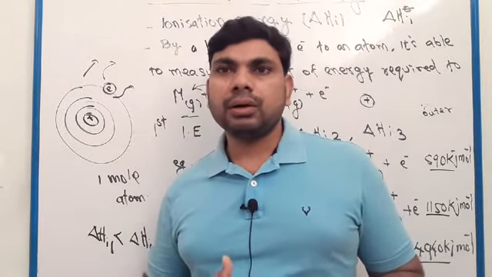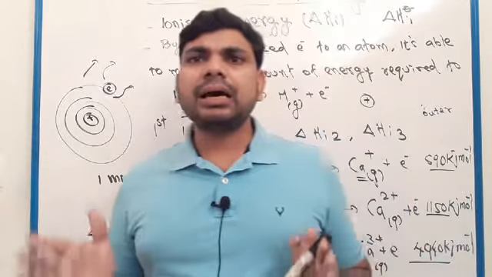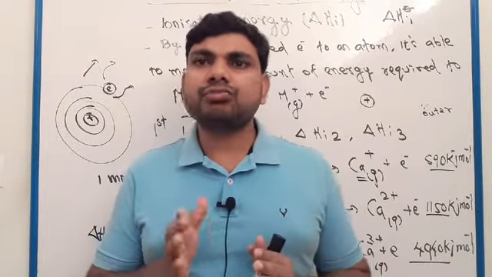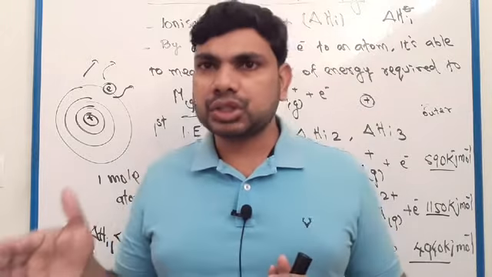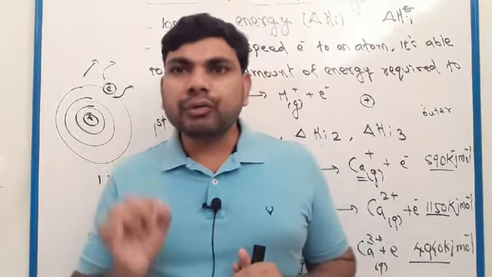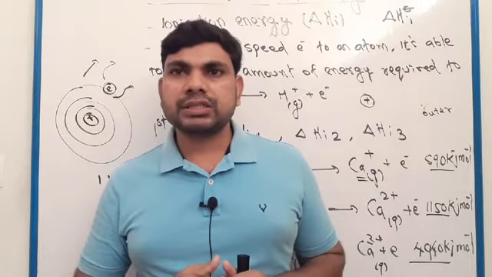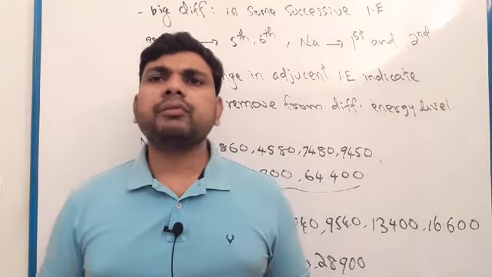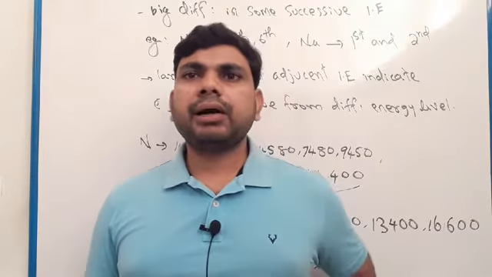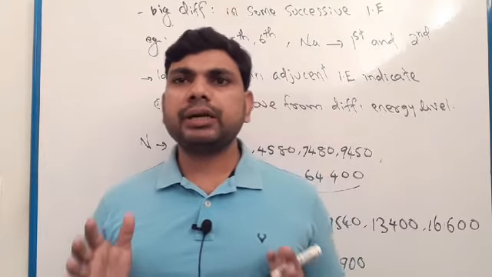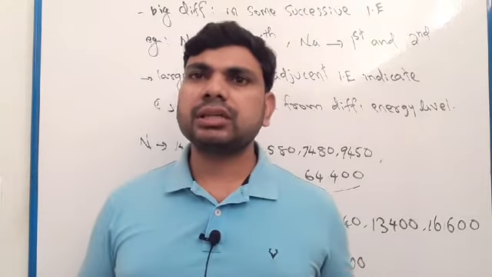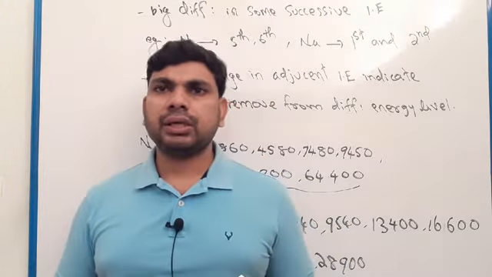Then the second outer shell electron is much closer to the nucleus, with more attraction between the nucleus and the outer shell electron, so we have to give more energy. So ionization enthalpy increases. Here we discussed successive ionization energy: first ionization energy is less than second, which is less than third.